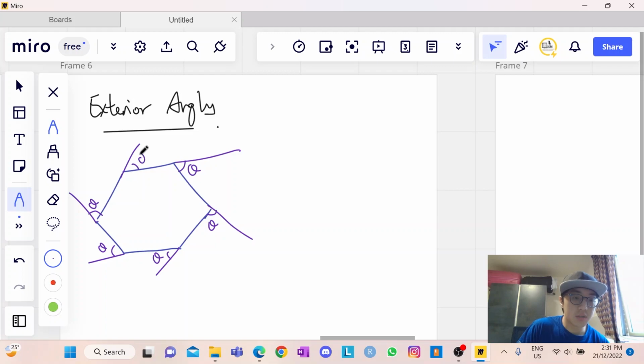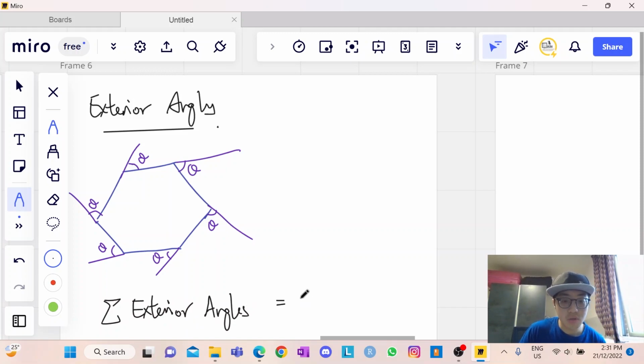So all the exterior angles are the same size for regular polygons. Okay, and there is this formula right here. The symbol for sum, the sum of exterior angles, is equal to 360 degrees.